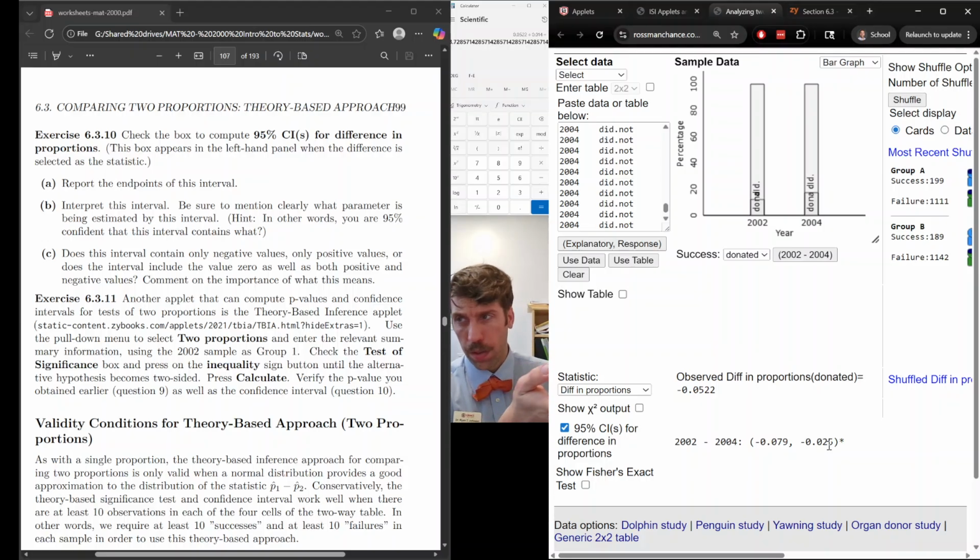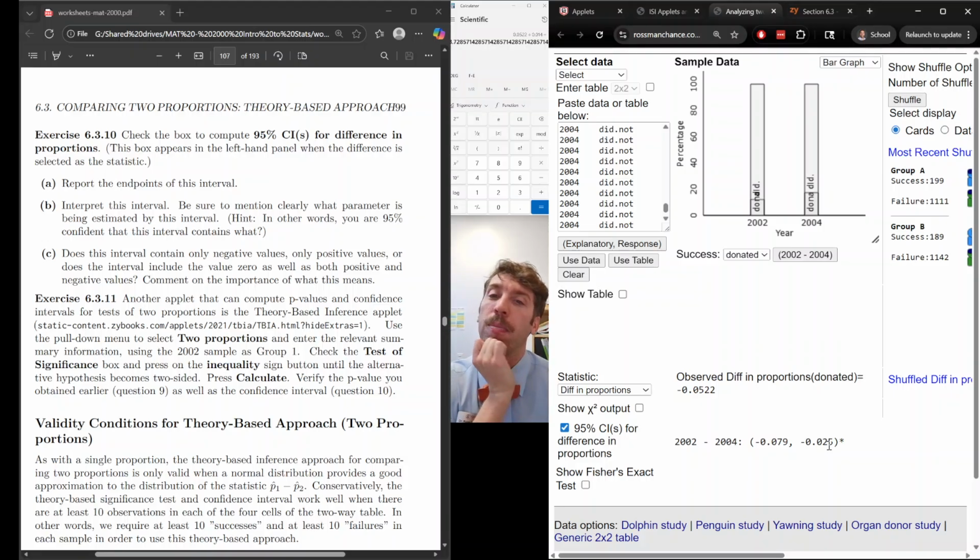So to interpret the interval, I would say we are 95% confident that the true difference of blood donors from 2002 to 2004 is between negative 0.079 and negative 0.025 people. And since it's really a ratio of who's giving, I could change those to percentages too.